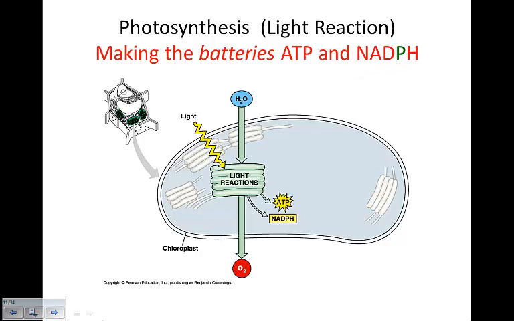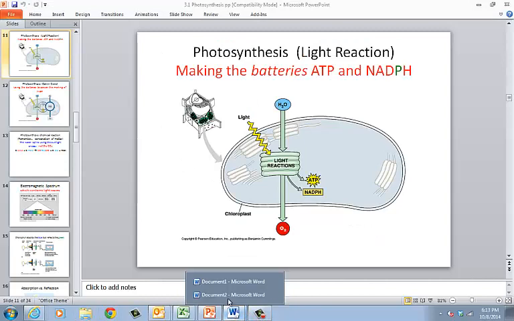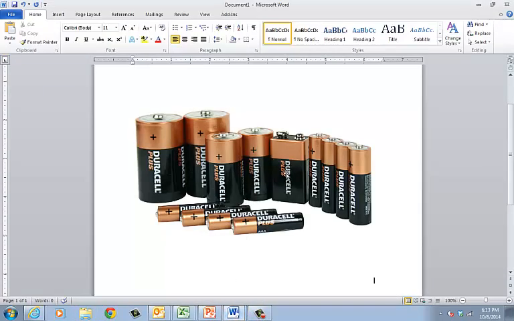Let me pull this picture up and you'll see ATP and NADPH, they're kind of like two different batteries. If we were talking about just the 9 volt and the double A over here, or the C's, they both produce energy, but different amounts. And they have different jobs.